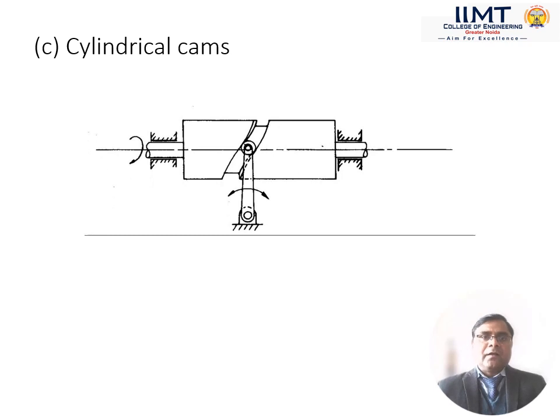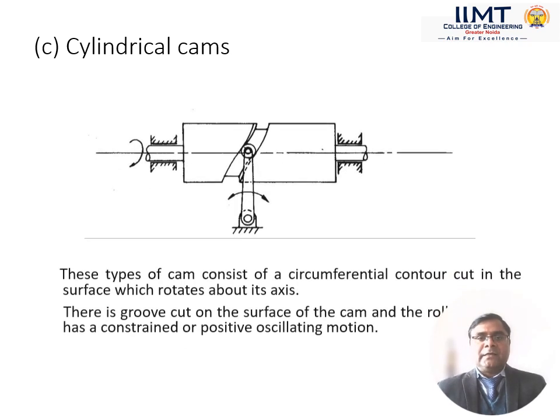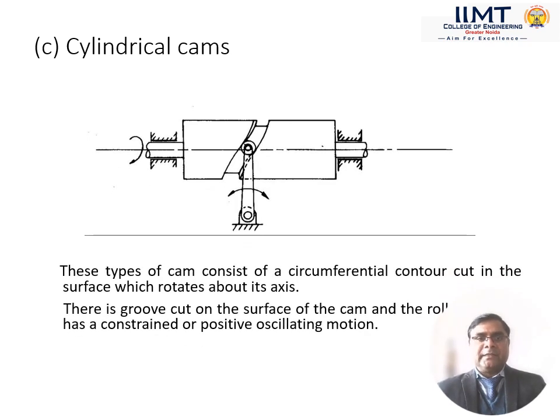Another is the cylindrical cam. This type of cam basically consists of a circumferential contour cut in the surface, which rotates about an axis. There is a groove cut on the surface of the cam and the roller has a constant or positive oscillating motion.